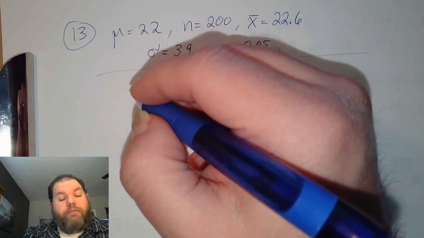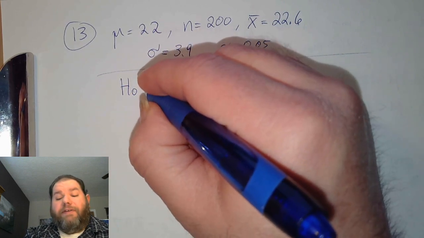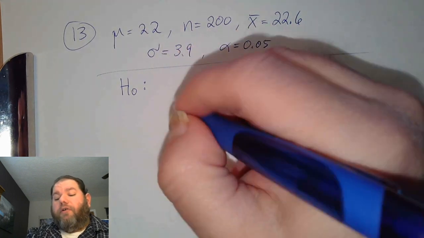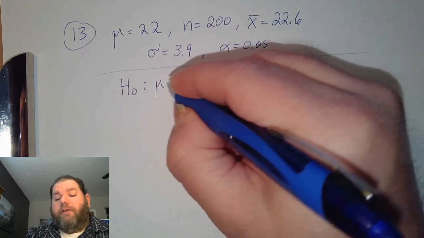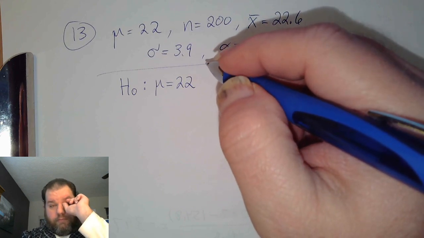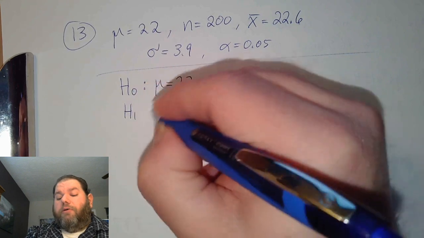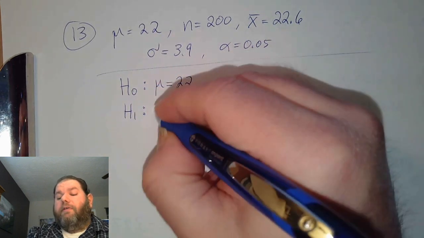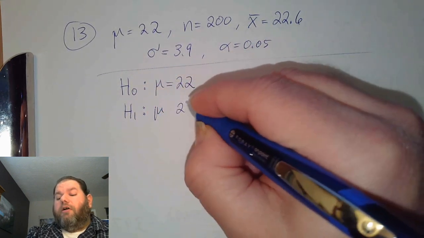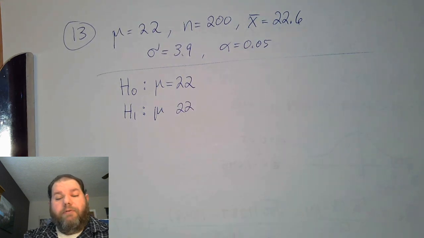All right. So we start off with our hypothesis statements. Our null hypothesis, we simply restate mu is equal to 22. And for our alternative hypothesis, are we going to say it's larger or smaller than 22 based on our sample data?